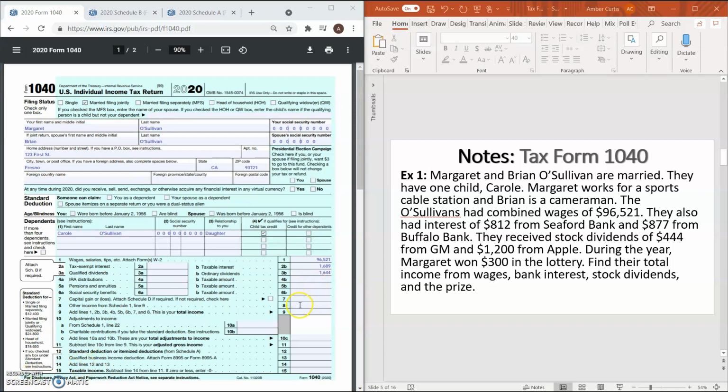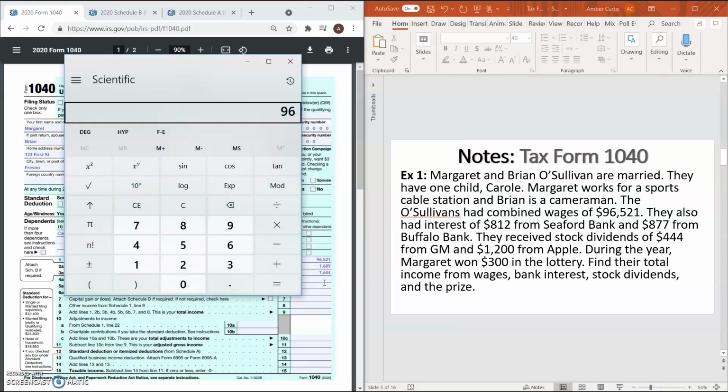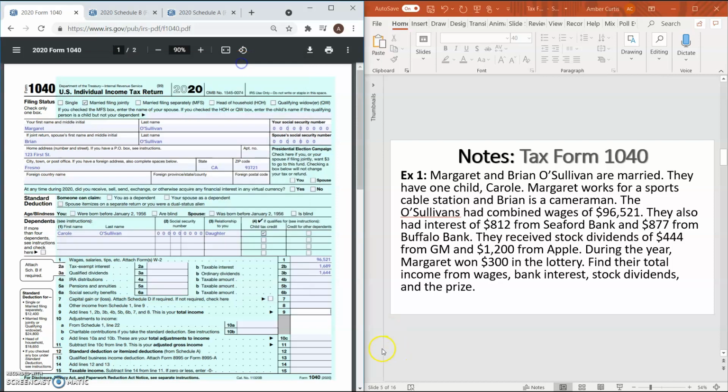So we're going to jump down to line 9 to get the total income. We're going to be adding lines 1, 2b, and 3b. So using our calculator, we have $96,521 plus our interest at $1,689 plus our dividends at $1,644 for total income and wages of $99,854.